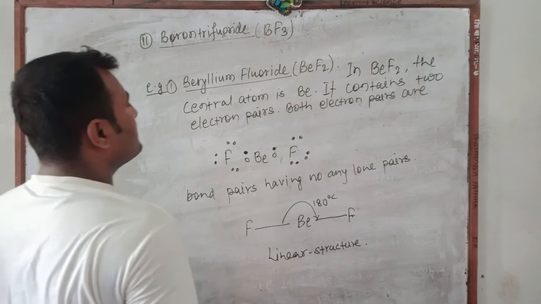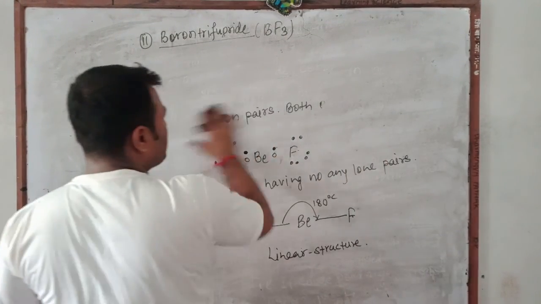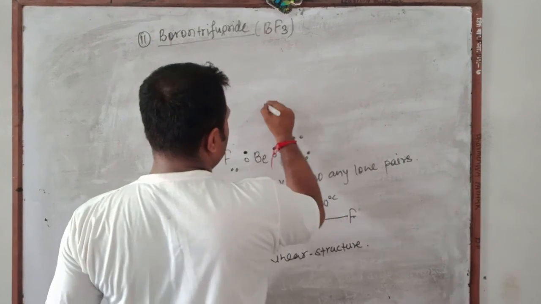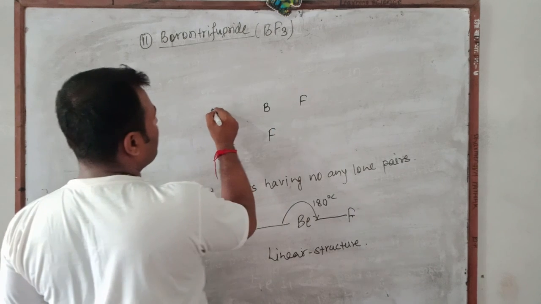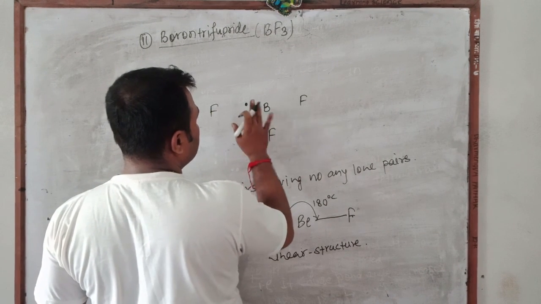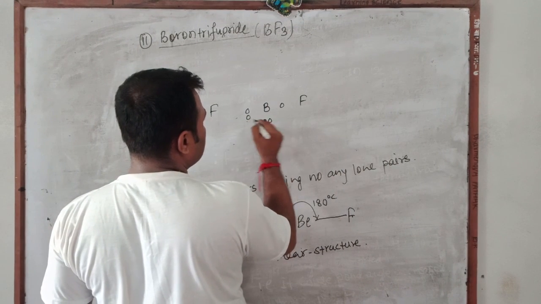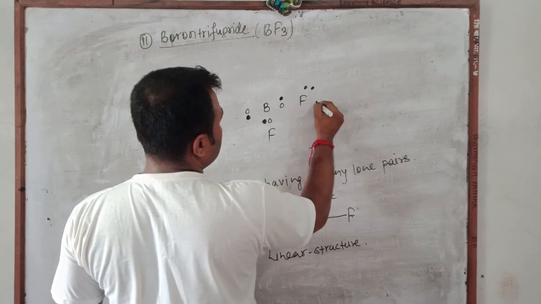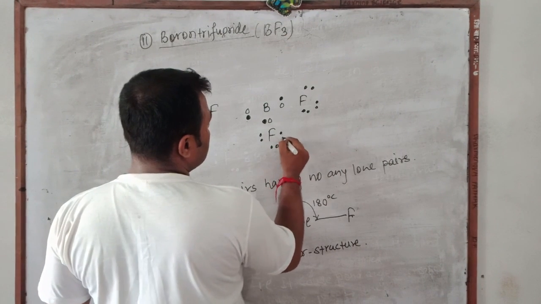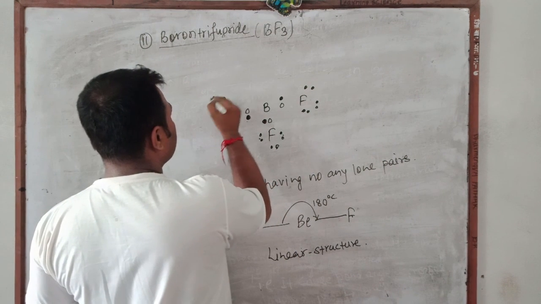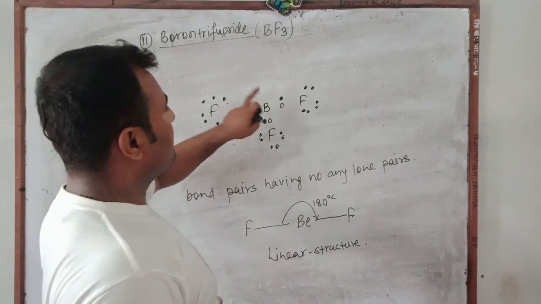BF3. In boron trifluoride, we found that the central atom is boron, and around the central atom, boron, three fluorines are found. Boron has 3 valence electrons. Fluorine shares 1 electron pair, and it has 7 electrons. 2, 4, 6, 1, 7 represent fluorine electrons, and these 3 are electrons of boron.